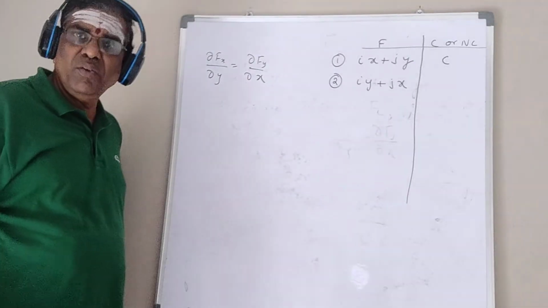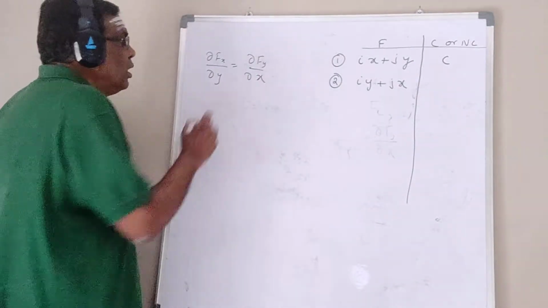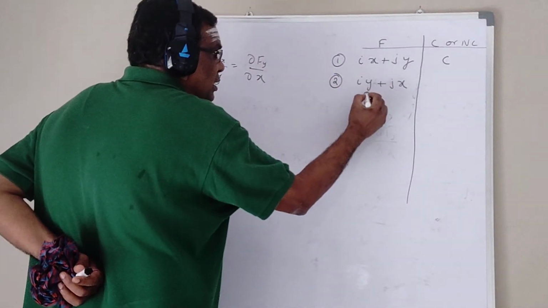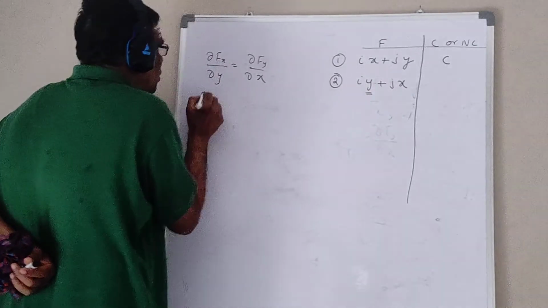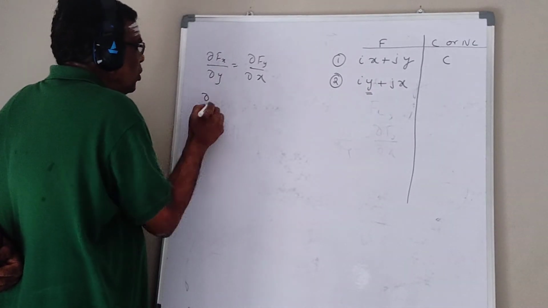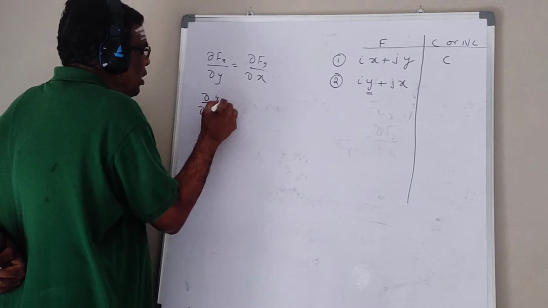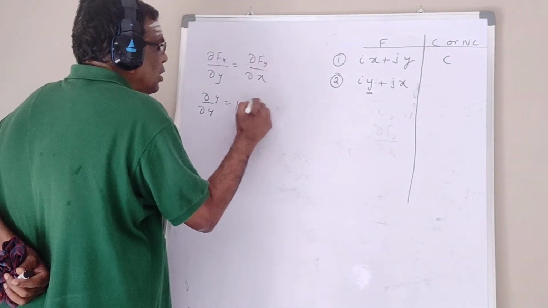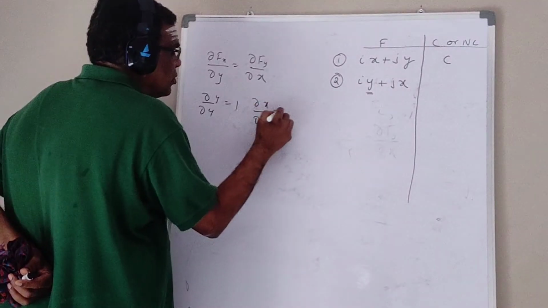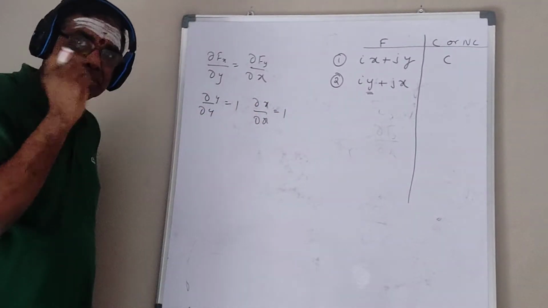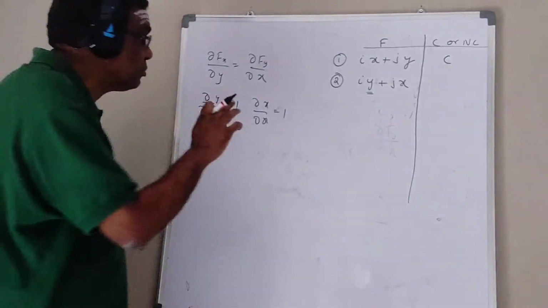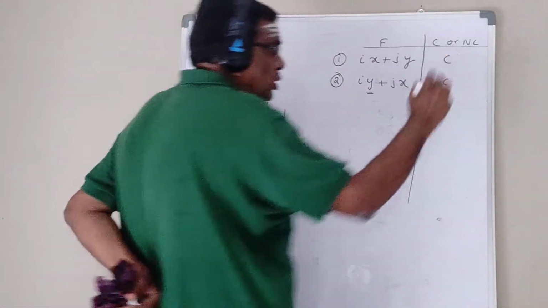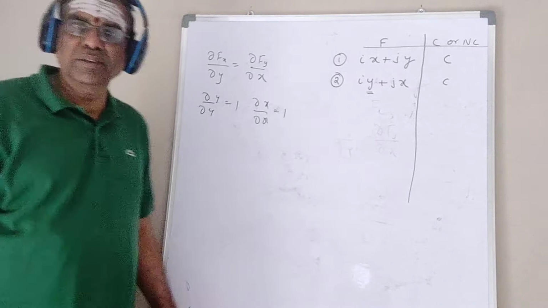This you should always remember. Now f_x is y, so ∂/∂y of y is how much? Similarly, what is ∂x/∂x? It is 1. So both are the same. So this is also a conservative force.